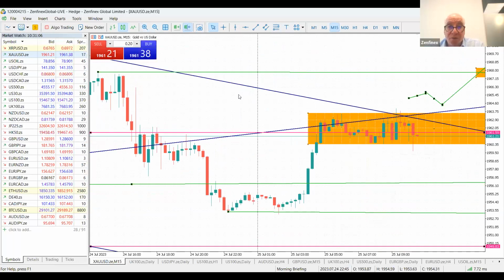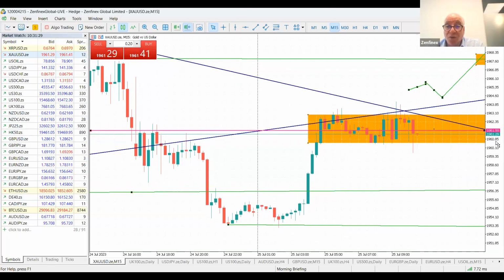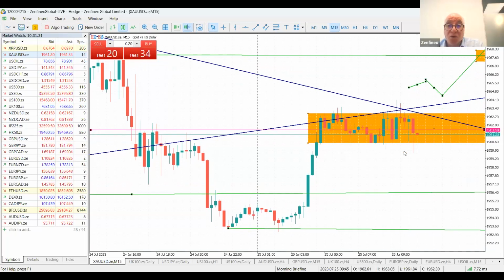If you look at the bodies, we're getting these spikes, but everything closes within this particular consolidation range. That's what you've really got to be looking at for true breakouts, because these spikes are there to fool the breakout traders and get them on the wrong side.